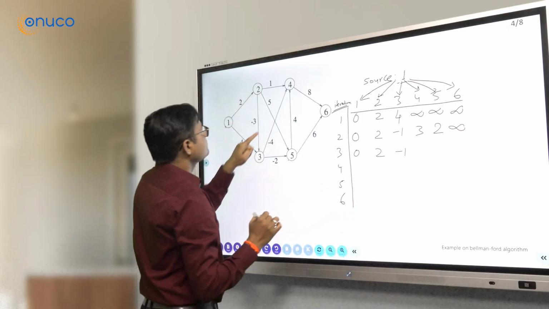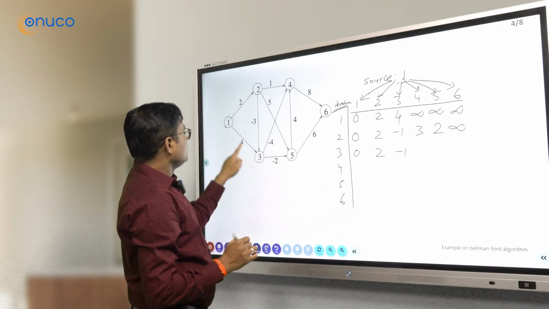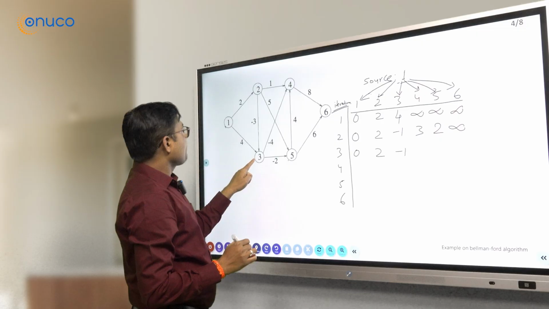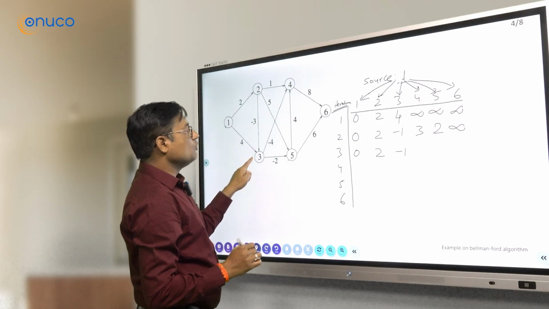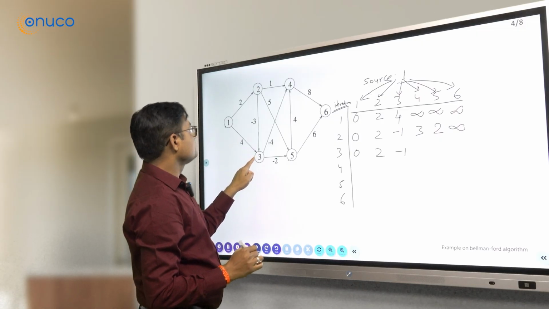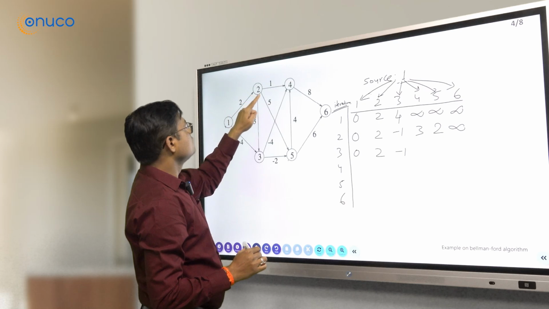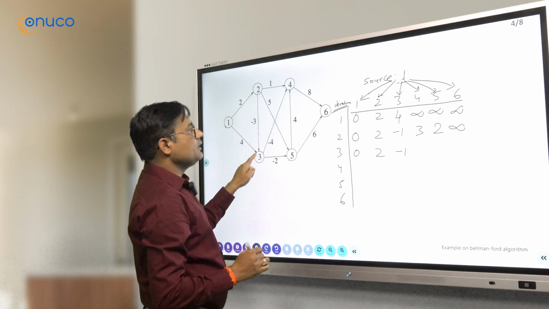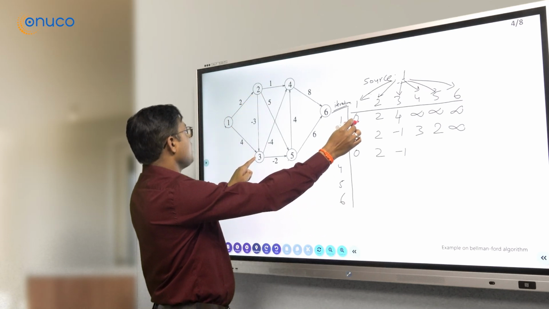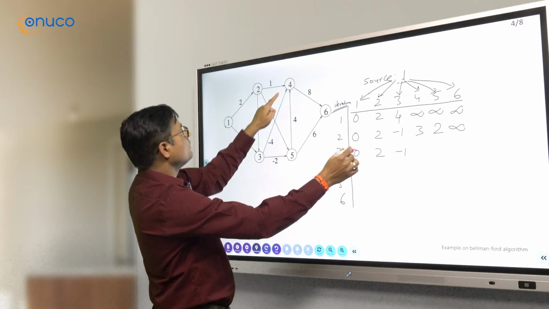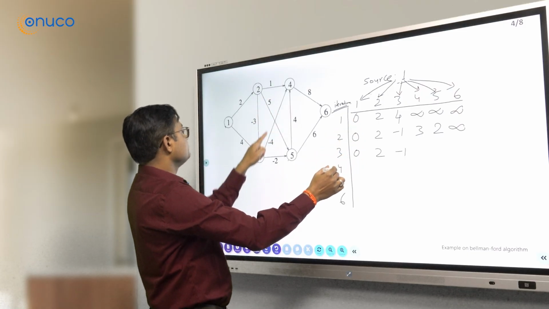So by updating this, we are having minus 1 only. 1 to 4, look, here 1 to 3 value was 4, and 3 to 4 value is minus 4.